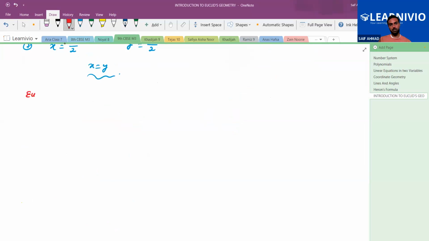Now move on to Euclid's postulates. Euclid gives 5 postulates. I'm taking the first postulate.